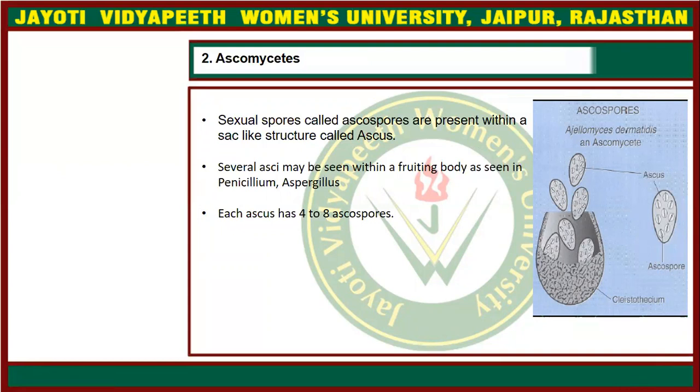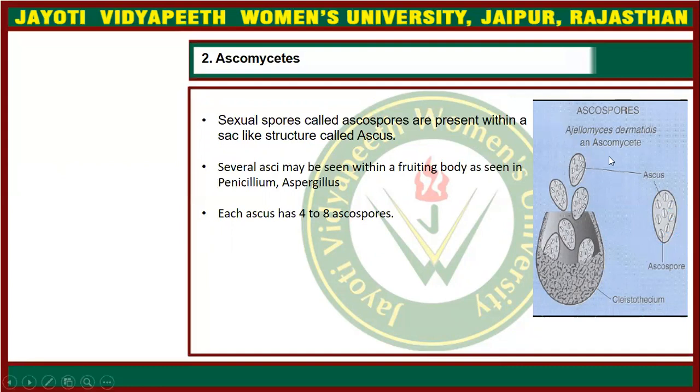So we can count here the ascospores: 1, 2, 3, 4, 5, 6, 7, 8. So there may be 4 to 8 ascospores in a single ascus, and ascus is the singular.